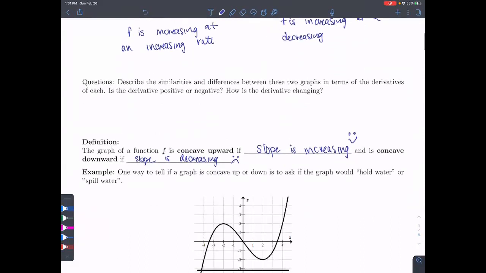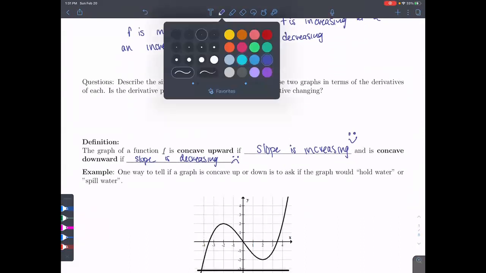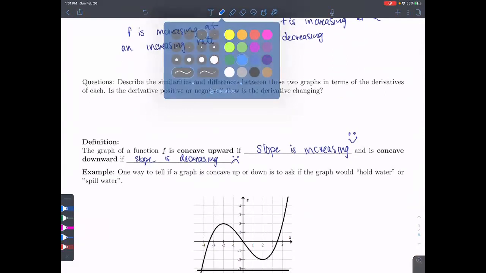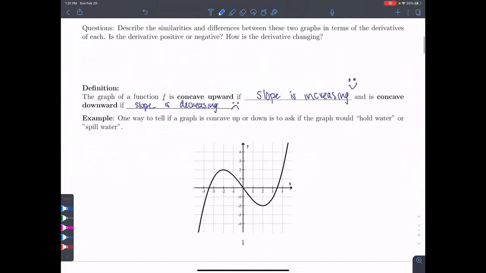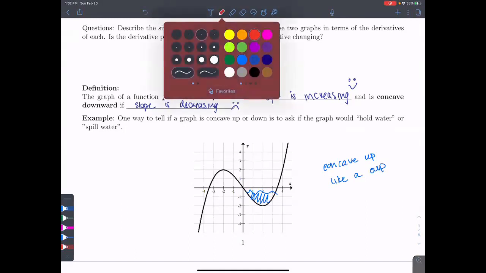One way to talk about it is, would the graph hold water? If so, it's concave up. If it would spill water, it's concave down. So this right here would hold water. This is concave up, like a cup. And this is concave down. Let's use a different color, red maybe.